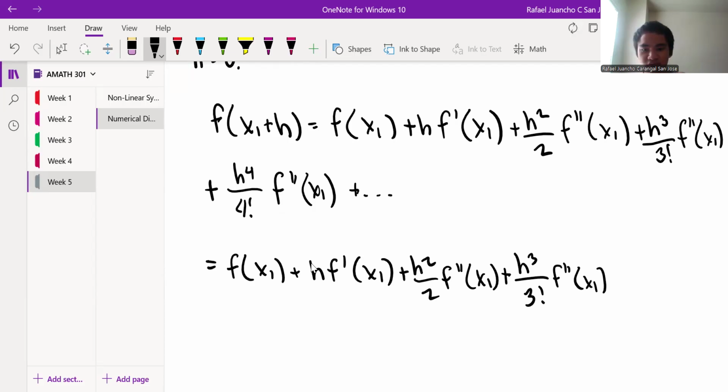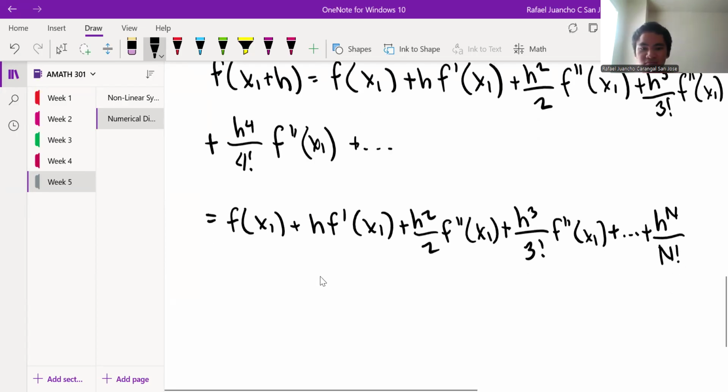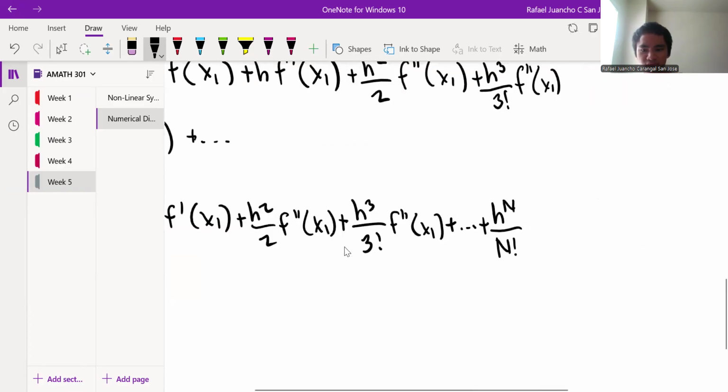That's an algebra thing, factorial, all the way to some value here. This is h to the n over n factorial.